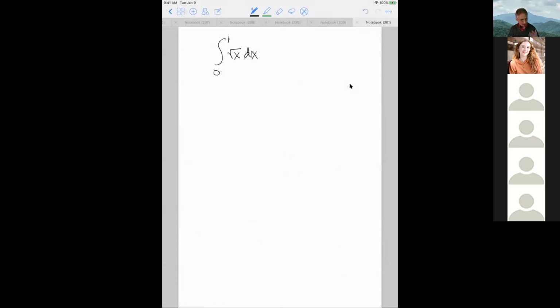What do you do? Yes, it's just like when we started doing fractions with taking derivatives. You've got to think plus 1, minus 1 of a fraction. So first we need to rewrite it: 0 to 1 of x to the 1/2 dx.